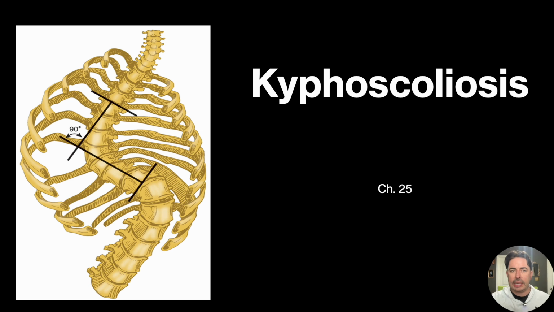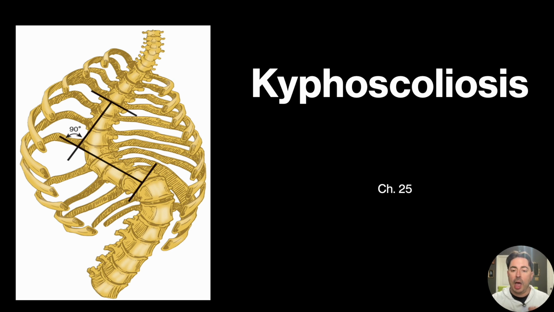I remember being a kid in elementary and middle school, having screenings for scoliosis. You would be asked to bend over and touch your toes, and a healthcare provider would go down your spine and see if there's any sort of S curvature. But the kyphosis is something that we're going to talk about.